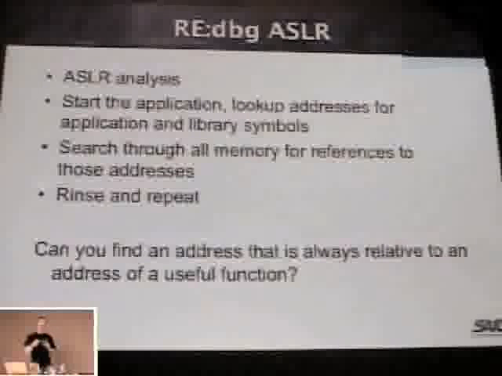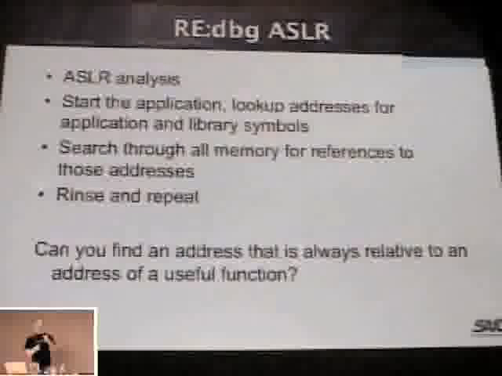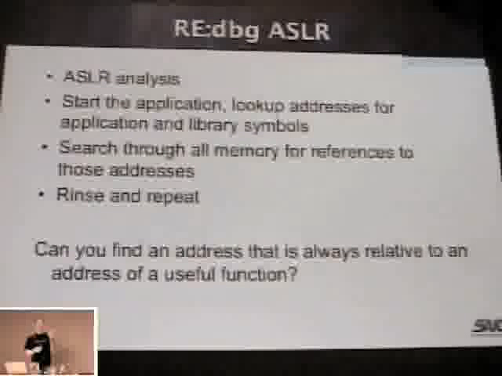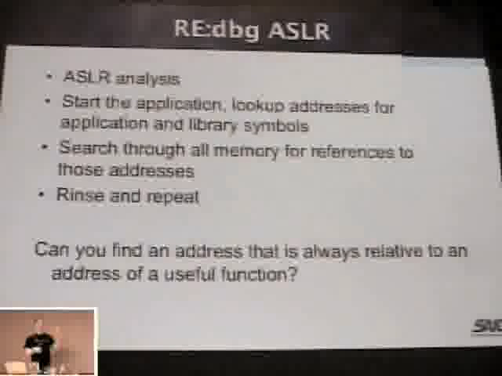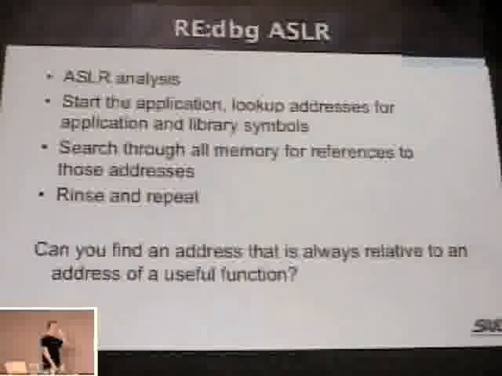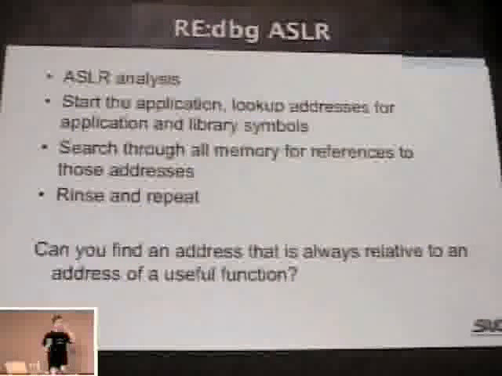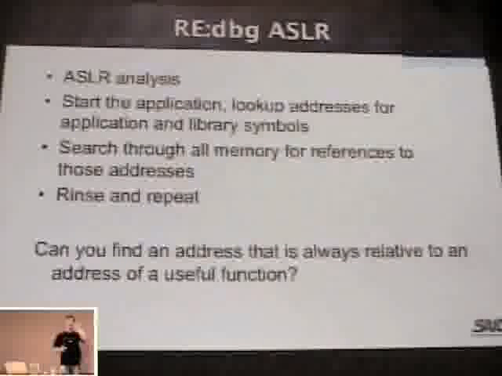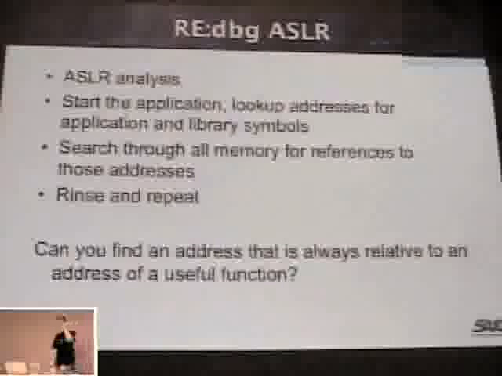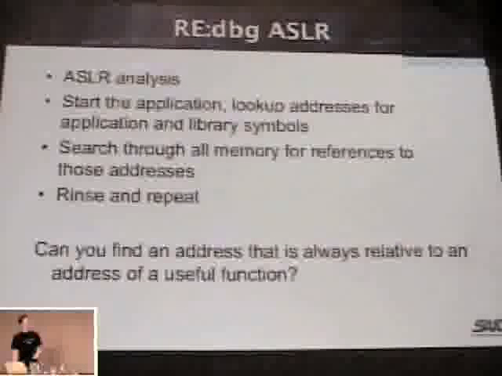Then rerun the application, checking that same address, and see if we can ever find an address in memory that's static, that's always at the same spot, and has a value that's always relative to that library. In that way, we could locate libraries at runtime based off this static address. That kind of analysis we hope to be able to do with Redbug.